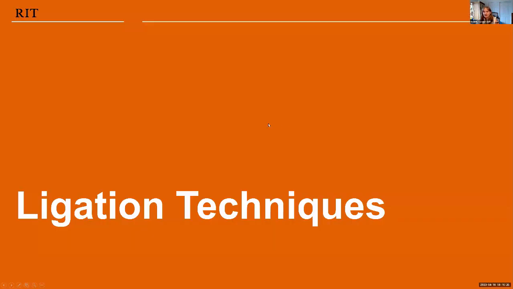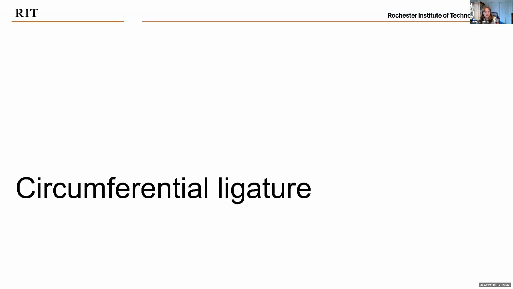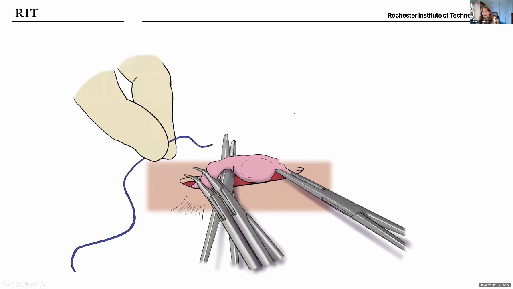Okay, so here are some examples of ligation techniques. First, we have the circumferential ligation technique, which you see pretty commonly with spay procedures, because a lot of times this is done in puppies and small kittens, and they don't have very big vessels, so they don't require much more than a circumferential.